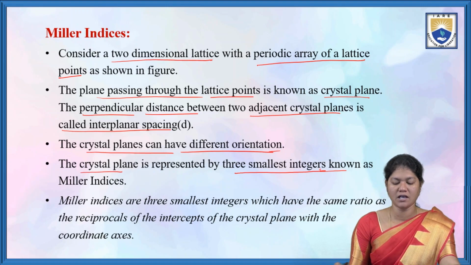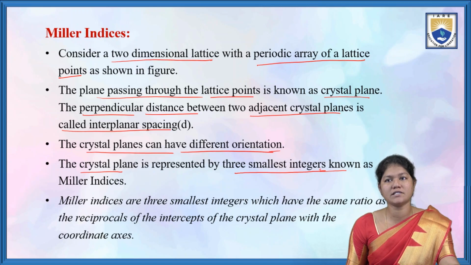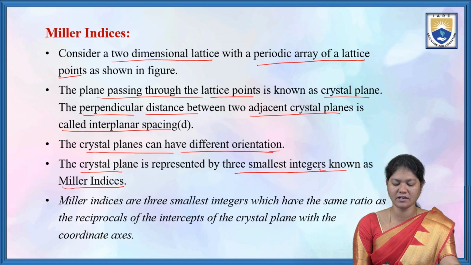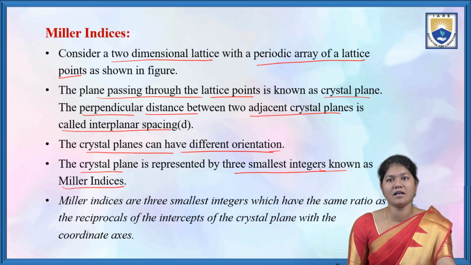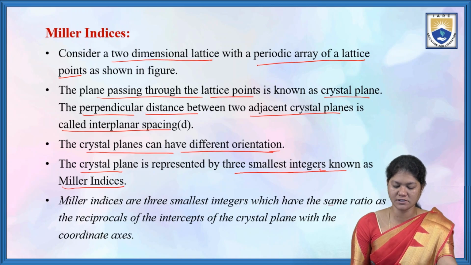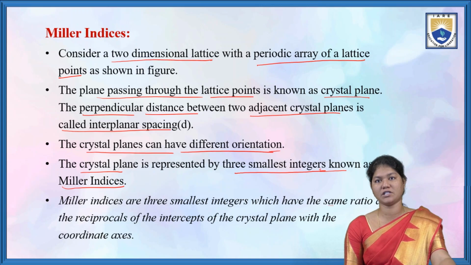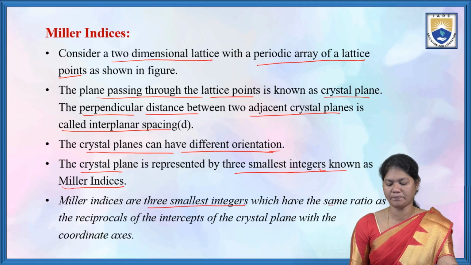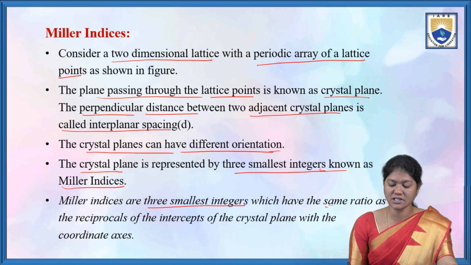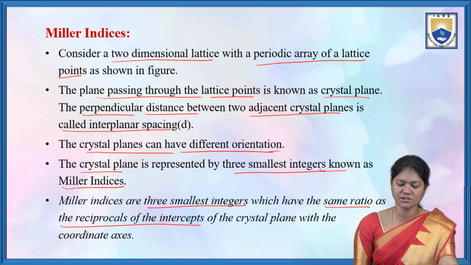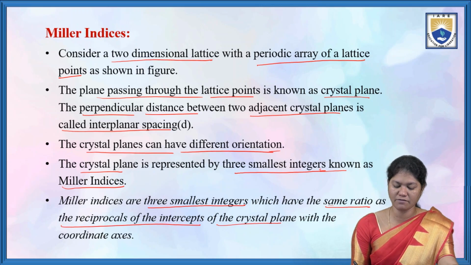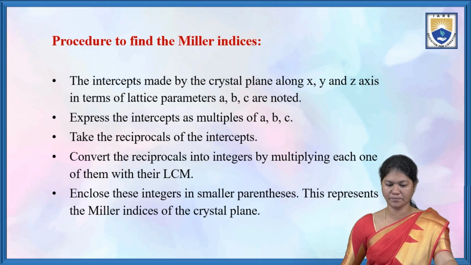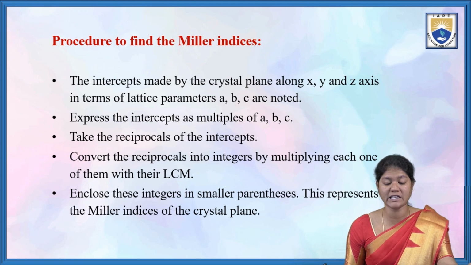Miller indices are three smallest integers which have the same ratio as the reciprocals of the intercepts of the crystal plane with the coordinate axes. So how do we find the Miller indices?